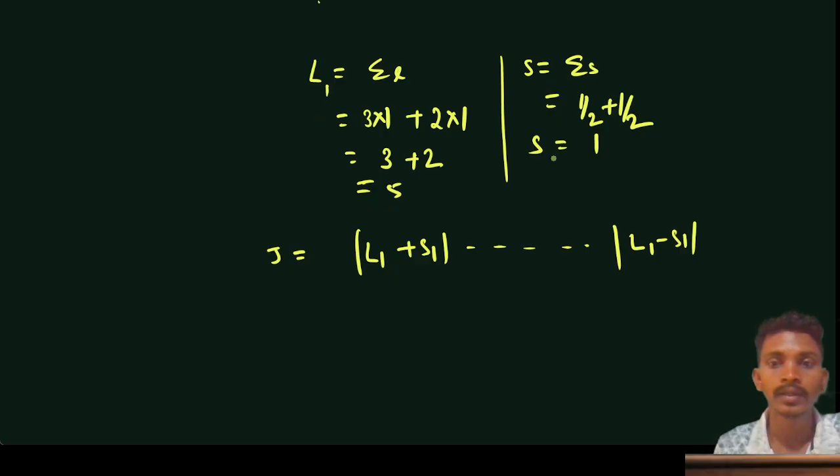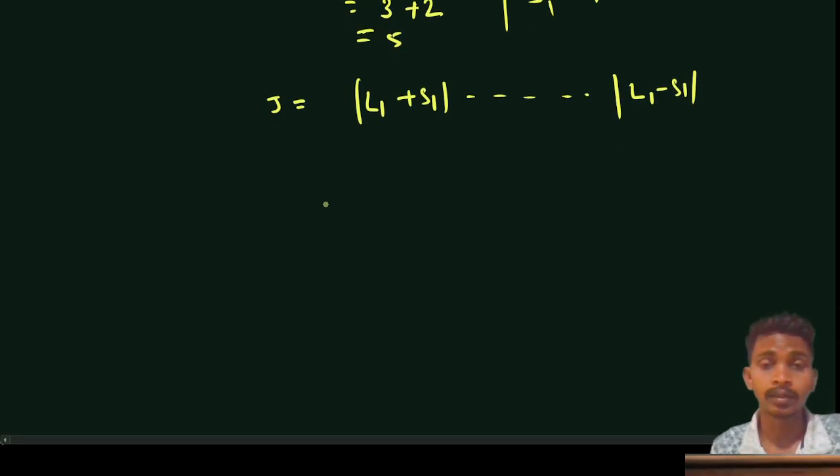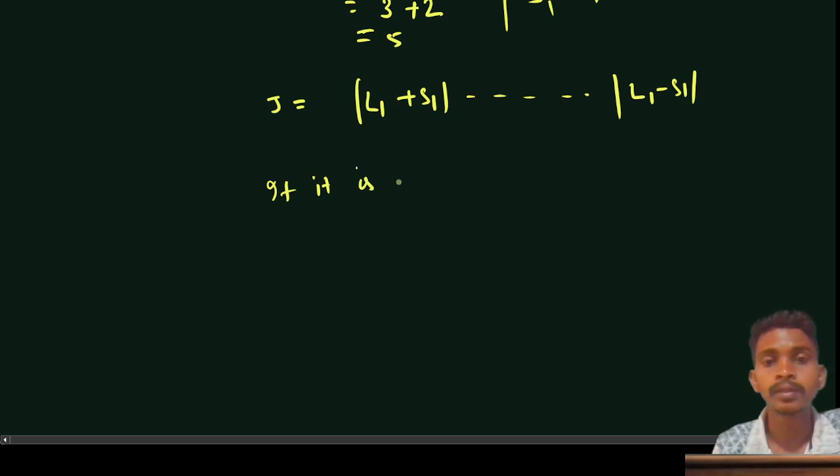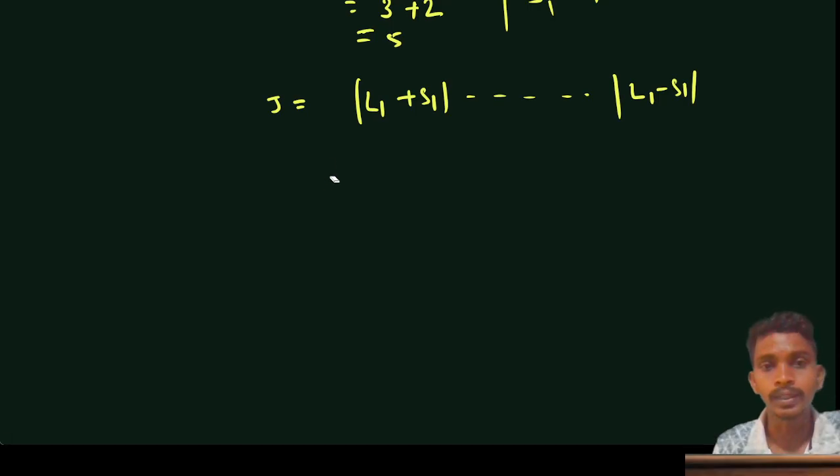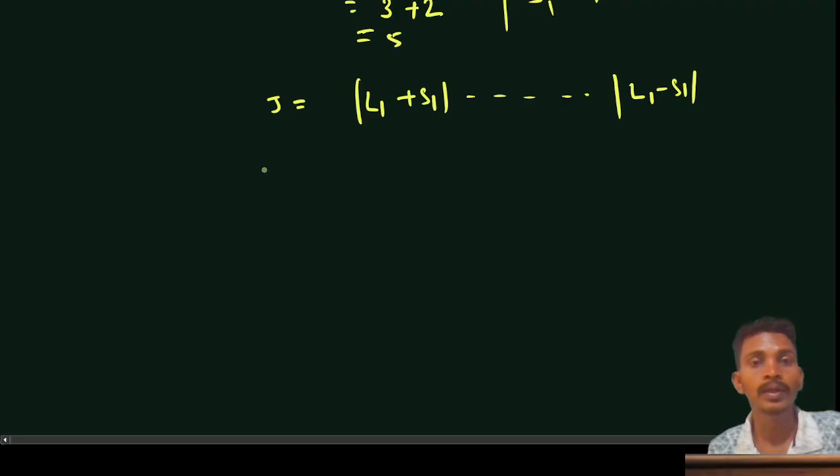Whenever it is in a single orbit, we look at which value we will take. Suppose this is 5 and 1. For this kind of case, if it is one orbit, how do we take it? We look at whether this is half filled or fully filled.